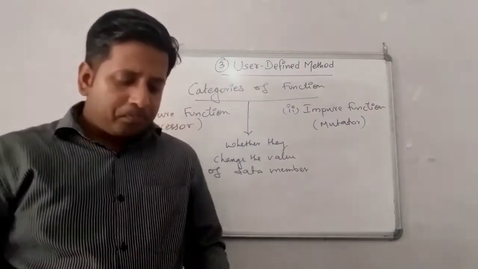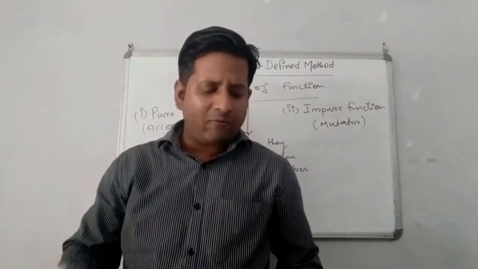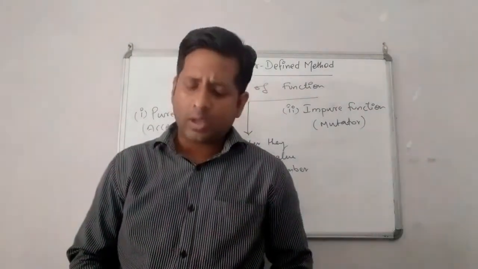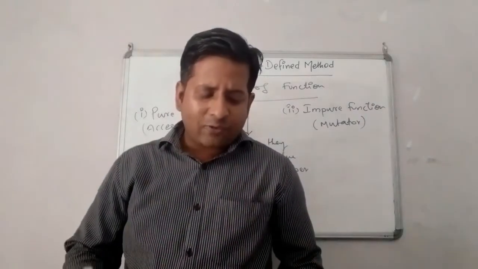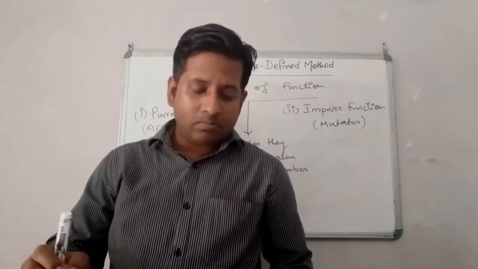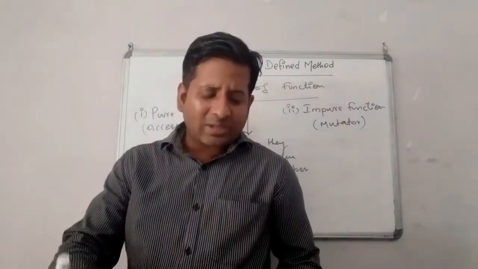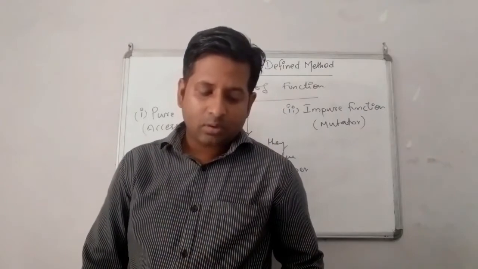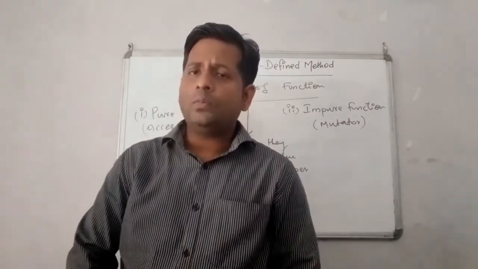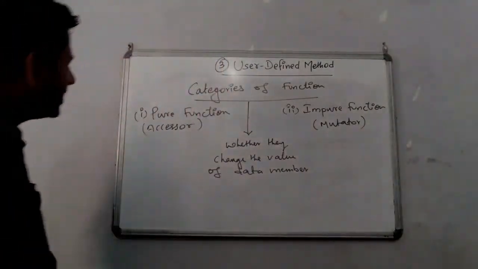So children, a function is called pure if it returns the same value for the arguments. That means the value of the instance variable could not be modified, like there is no side effect. That means in case of pure function, whatever we return, it doesn't change the state of an object.